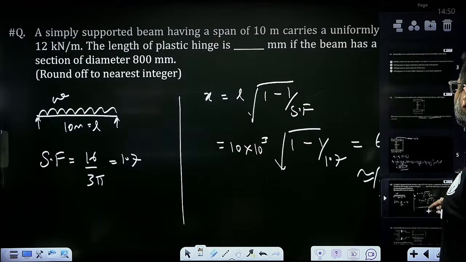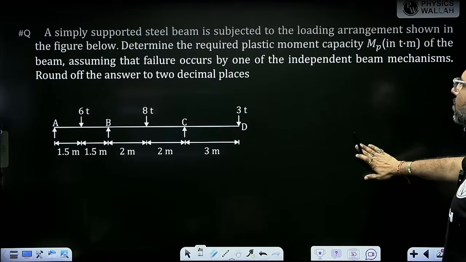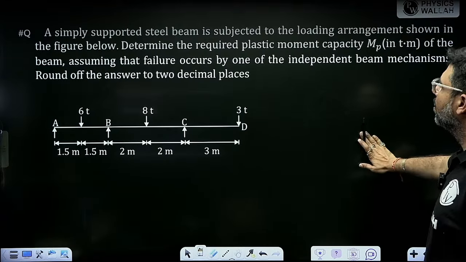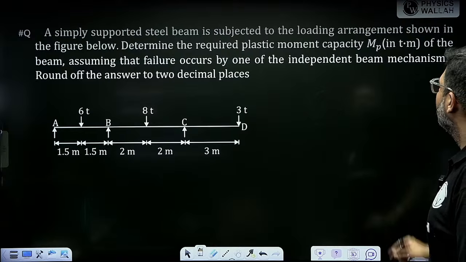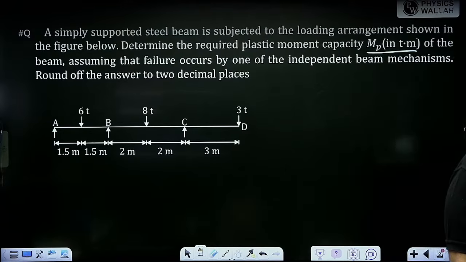Let us see the next question on plastic analysis. Attempt this question, please. We have to find the MP of the section in tons meter. This is the case of a continuous beam.